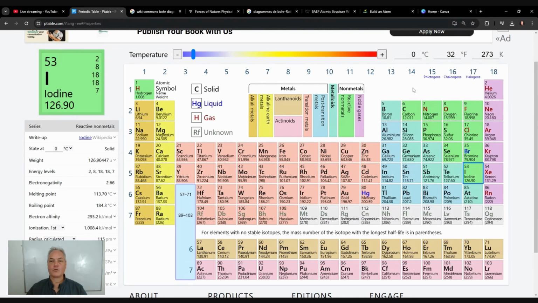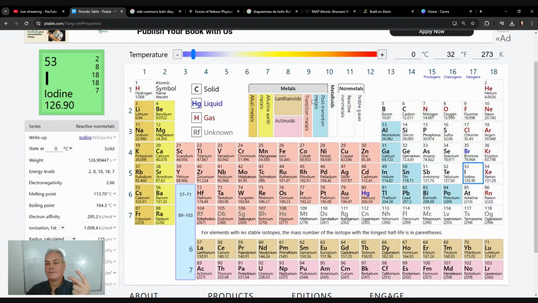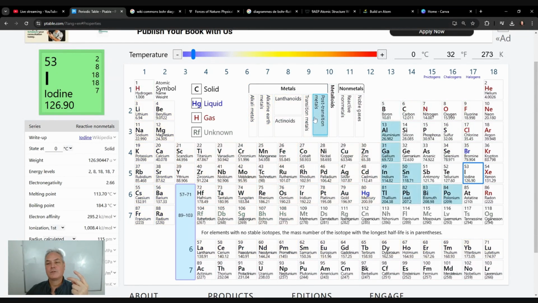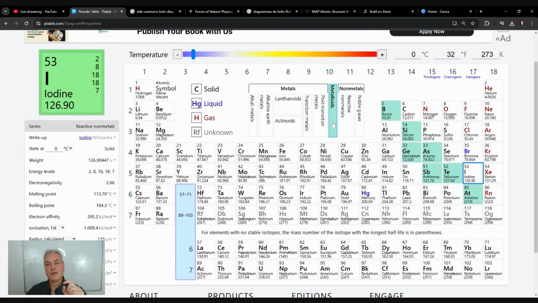So just a quick review: we have the alkali metals that we learned in grade 9, the alkali earth metals, and the transition metals, and I include the post-transition metals in the grouping of transition metals in grade 9. We have the metalloids, which are located between the metals and the non-metals, and we have the noble gases at the end.